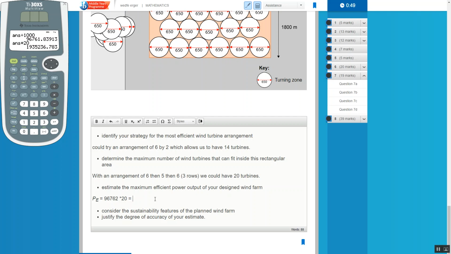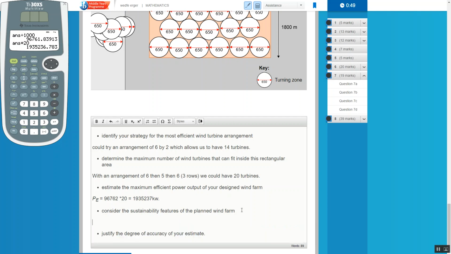So the maximum power, 935,236. And I'll round it up, kilowatts. So let's just put a number, using the number from the last part.